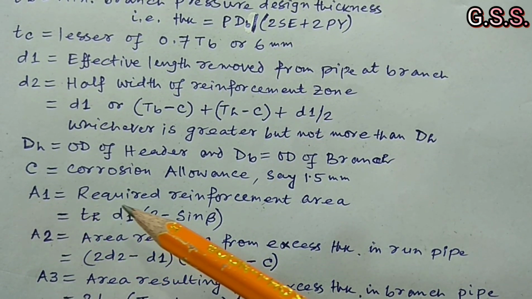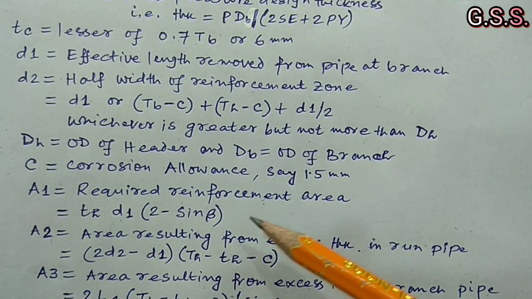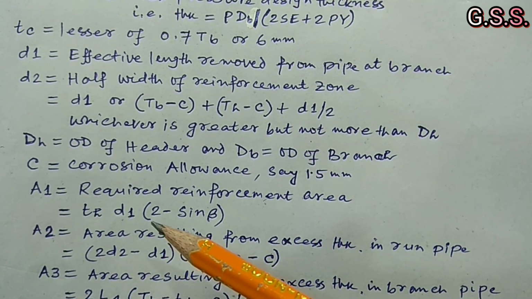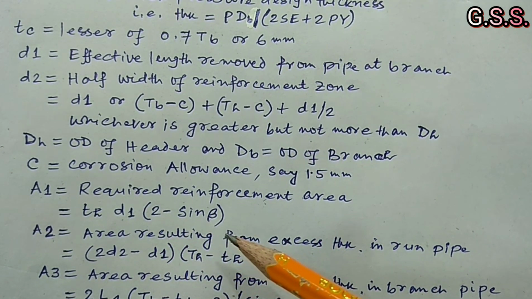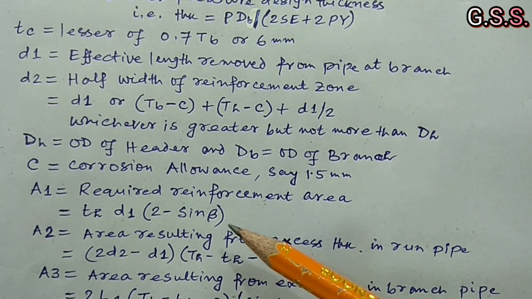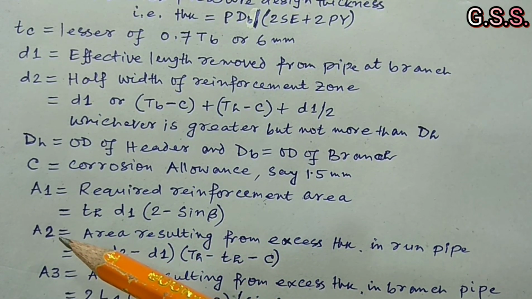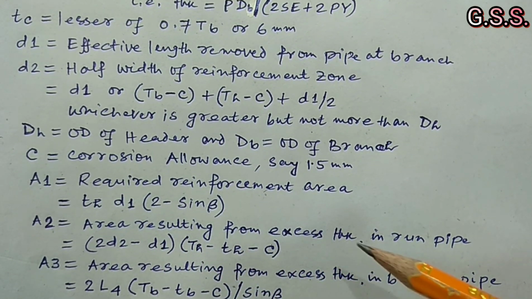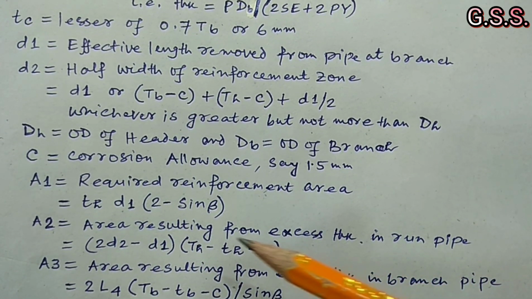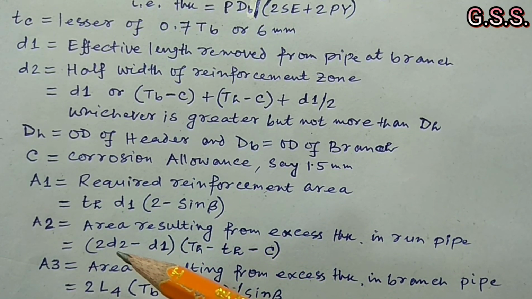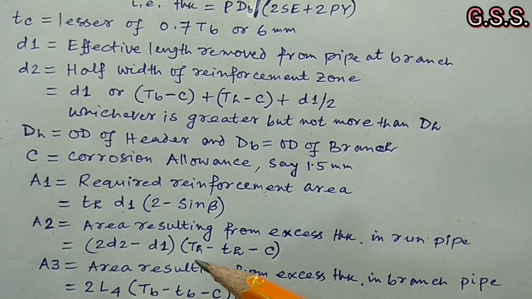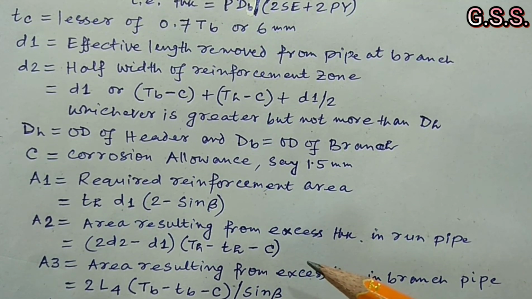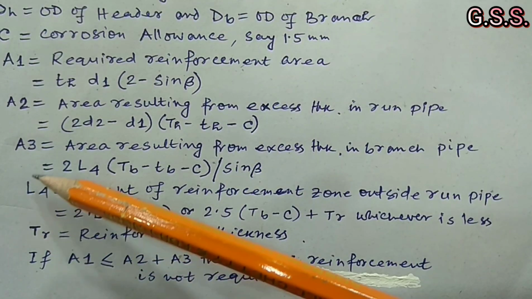Capital A1 is the required reinforcement area, equal to small th into d1 into (2 minus sine beta). Capital A2 is the area resulting from excess thickness in the run pipe, equal to (2 small d2 minus small d1) into (capital TH minus small th minus C).